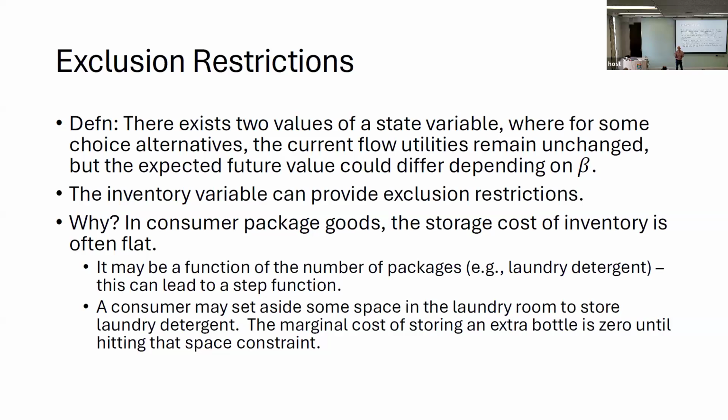So just the storage cost component alone in the flow utility can explain why people become more eager to buy. So the flat regions of the storage cost actually rule out that story. If we observe people are more eager to buy as the inventory comes down, then it has to be attributed to the expected future payoffs.